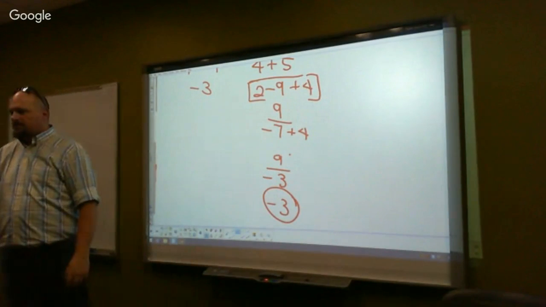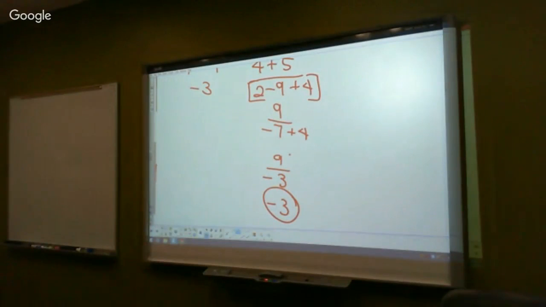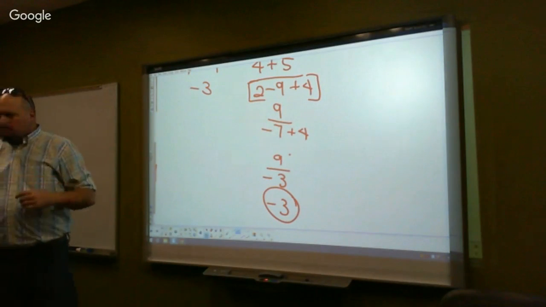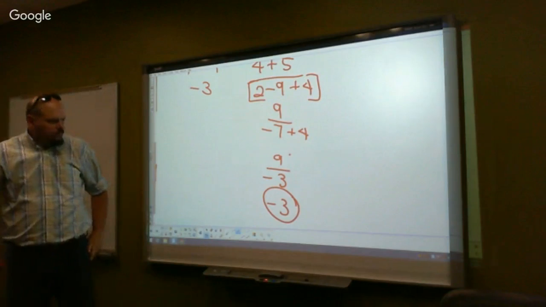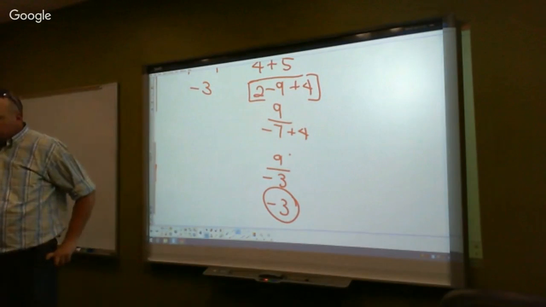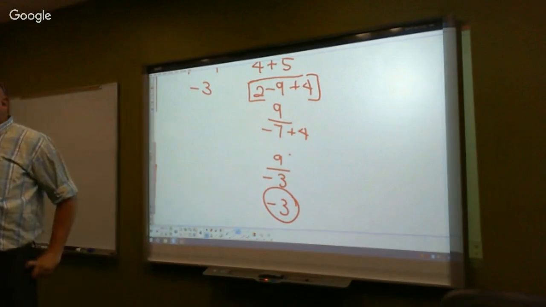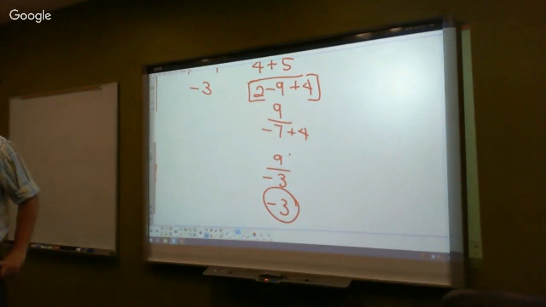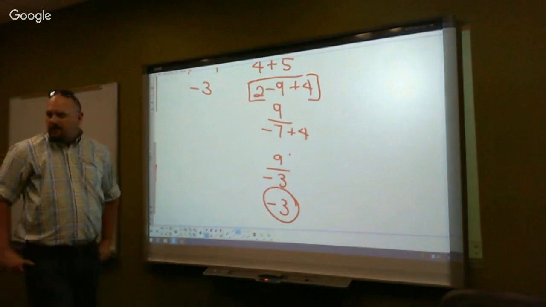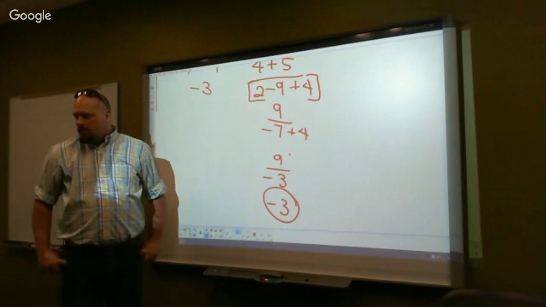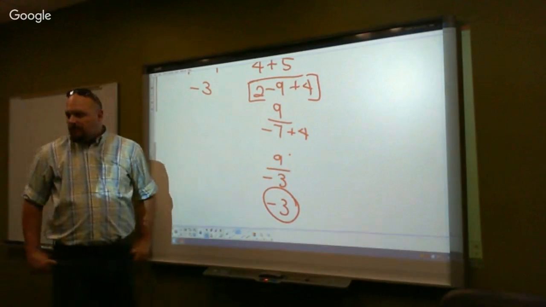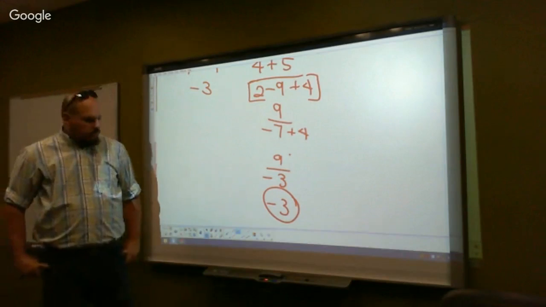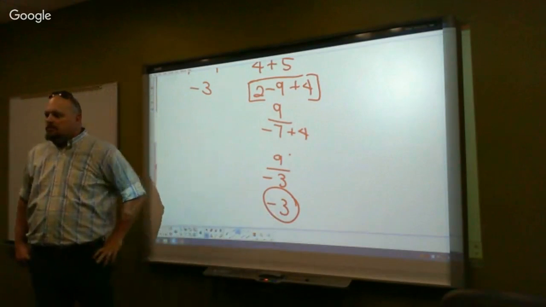That was my problem. If the problem started out as a fraction, it should end as a fraction. Isn't -3 a fraction? I thought 9 over -3 was the final answer. It is a fraction, but -3 is also a fraction, -3 over 1.